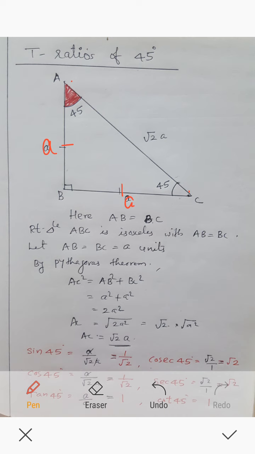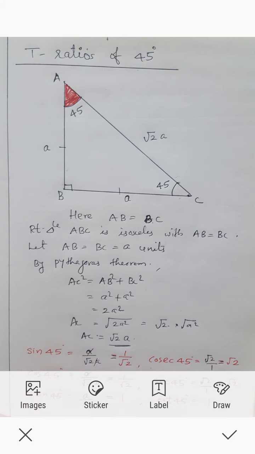Then by Pythagoras theorem, we can say AC square equal to AB square plus BC square. AB square is A square, BC square is A square. So 2A square. So AC equal to root of 2A square. That means root 2 into root A square, which is equal to root 2A.